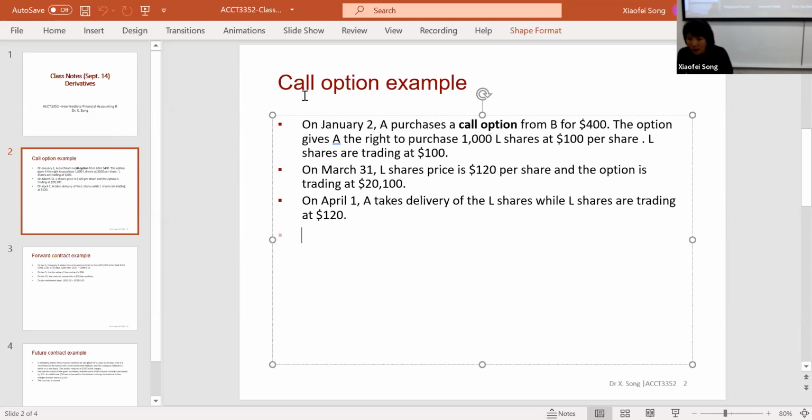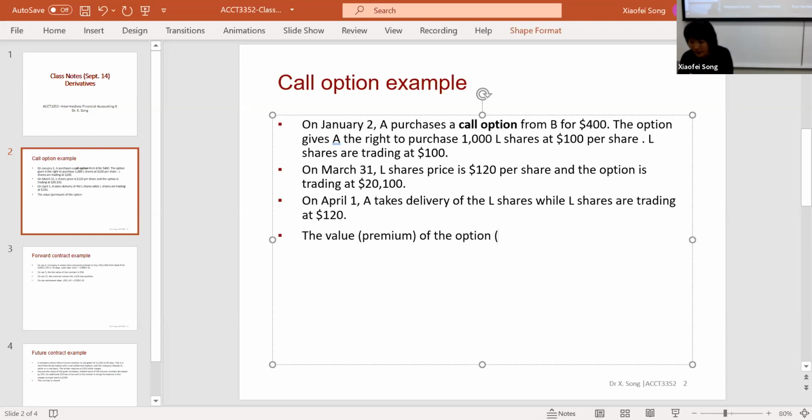And so why would a company pay $400 for the option on January 2nd? Well, they could just purchase the share for $100. So let's unpack this value. The value, or the premium, of the option.